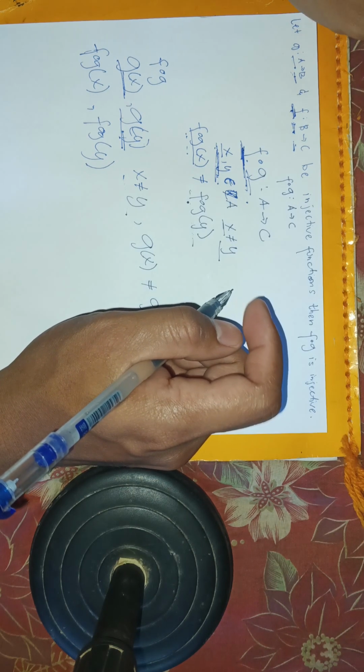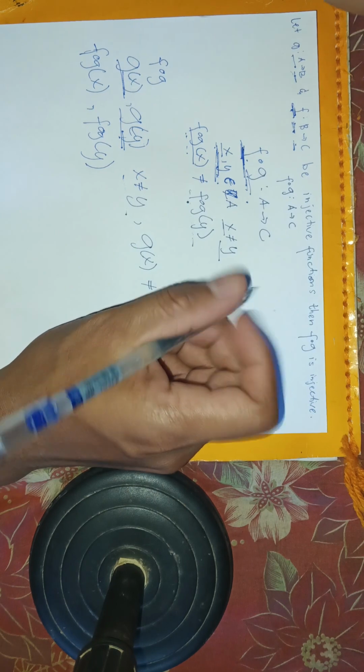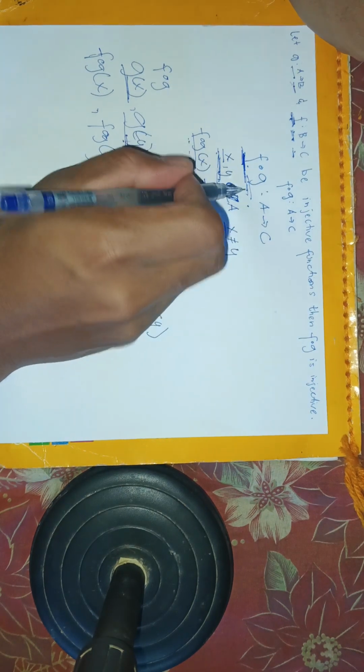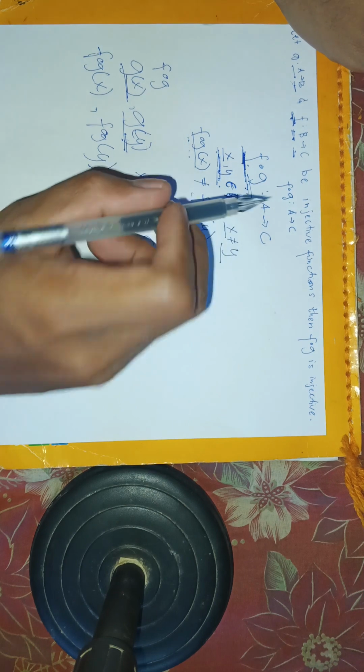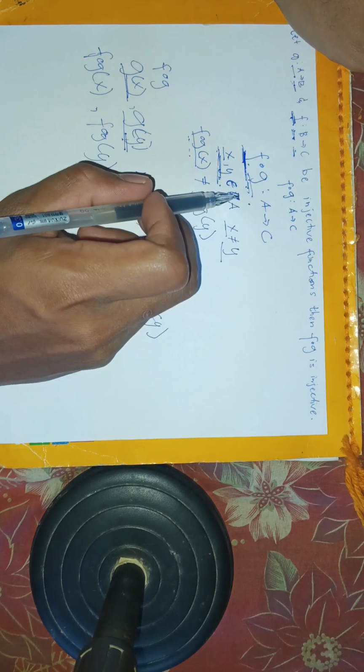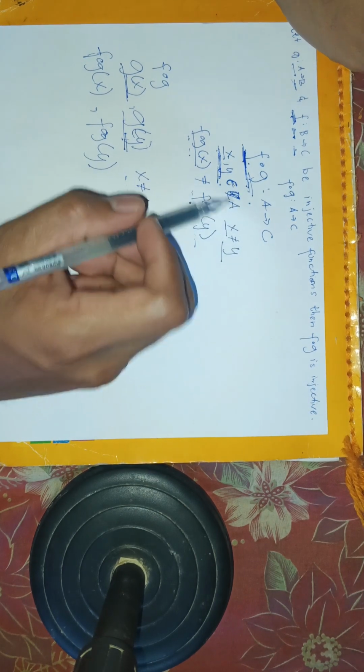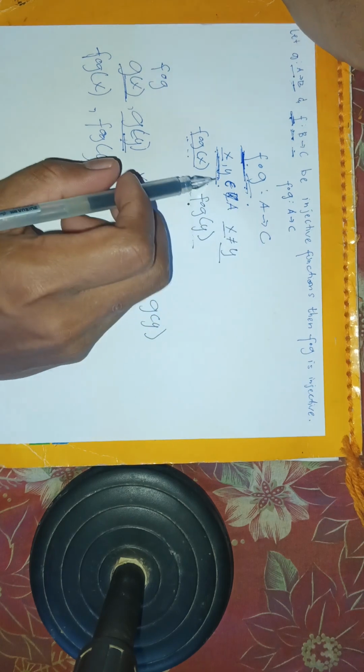Thus, the composite function f of g is injective: if distinct elements go in, then distinct elements come out.